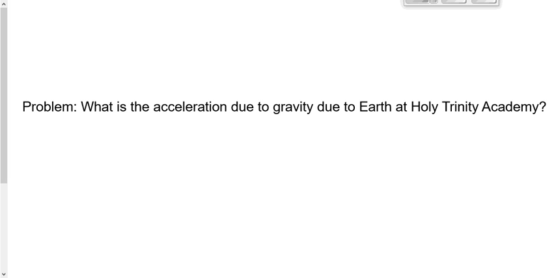It's even different at HTA than it is at Foothills, because HTA is higher elevation. Now, the difference would be minuscule because of the small difference in elevation, but it would be different. Okay, the higher you are, the lower the acceleration due to gravity is. Be specific. We're measuring at HTA, so let's write that in our problem. What's the acceleration due to gravity at HTA?